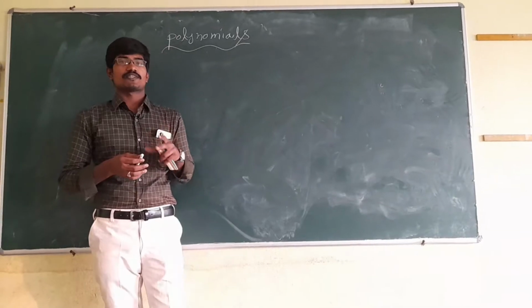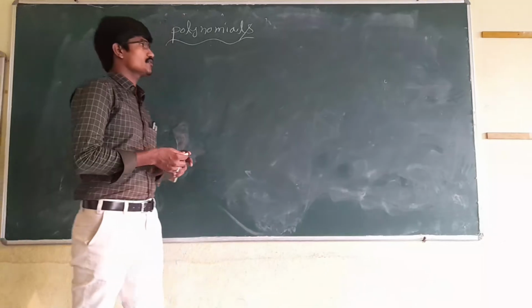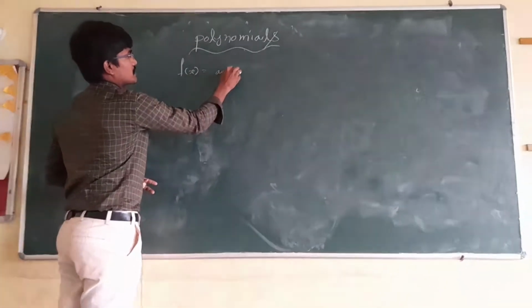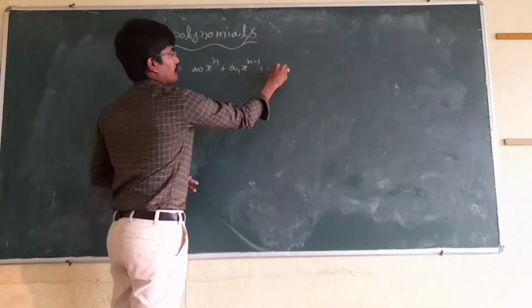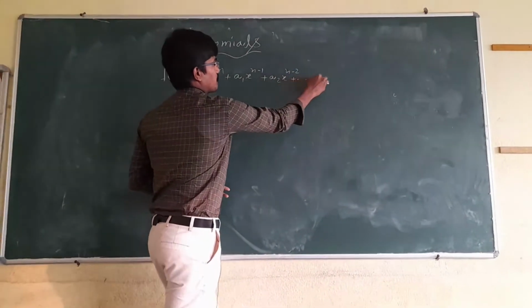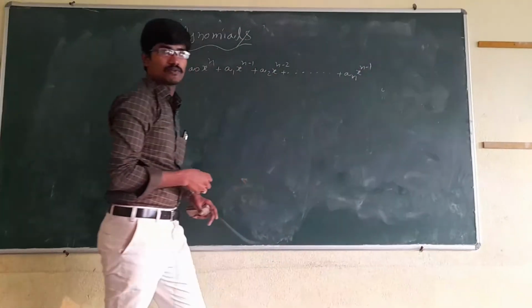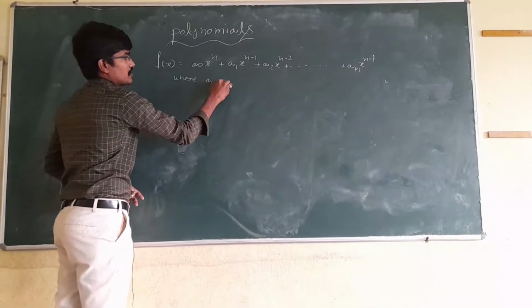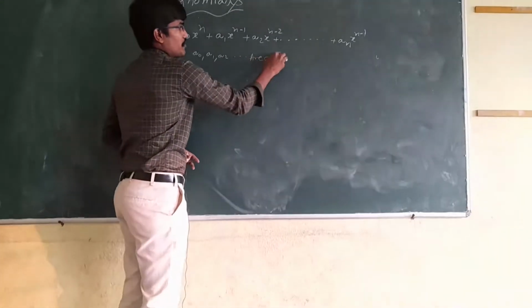See what is first: the definition of polynomials. The polynomial definition is f of x is equal to a naught x power n plus a1 x to the power n minus 1 plus a2 x to the power n minus 2 plus and so on, plus an, where this small a naught, a1, a2 and so on are all called coefficients.